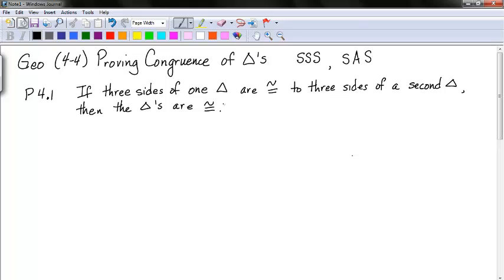So not having all 6, we're just going side, side, side. And that will be your abbreviation, side, side, side.